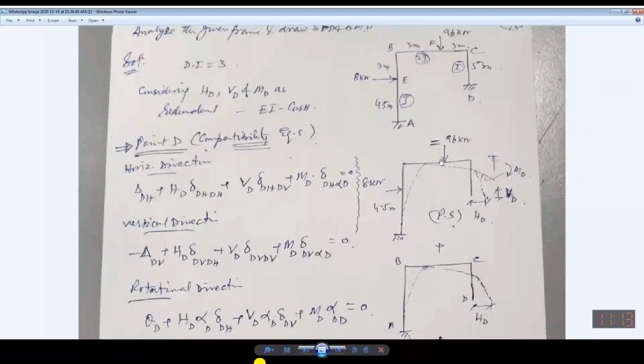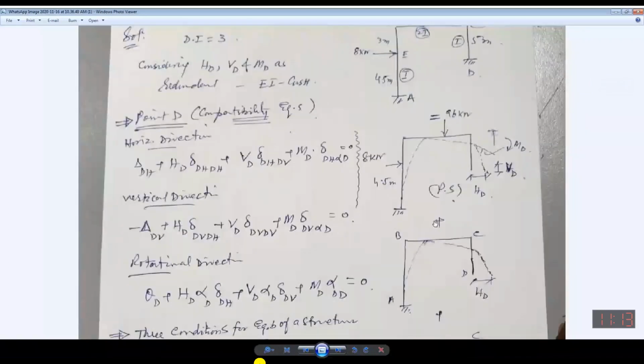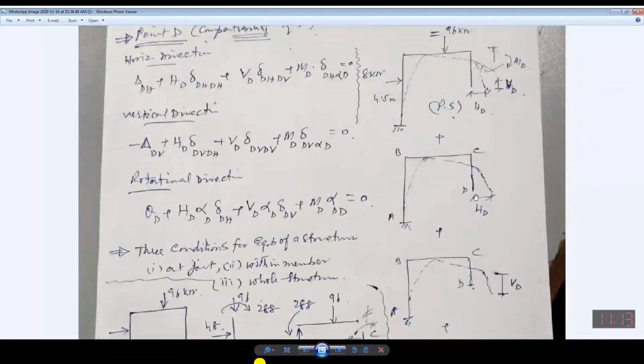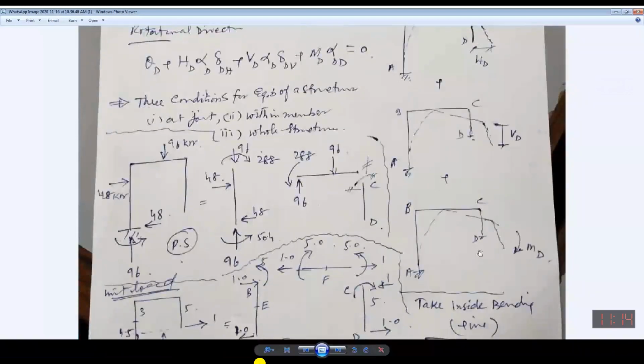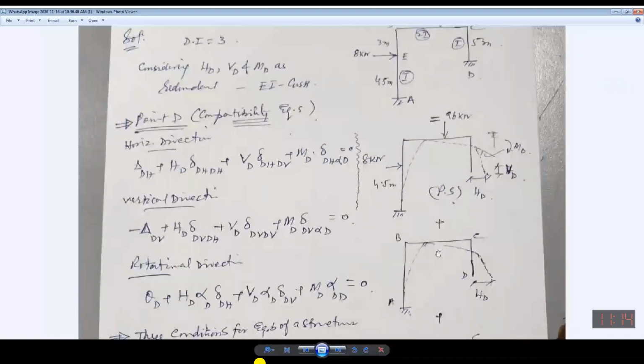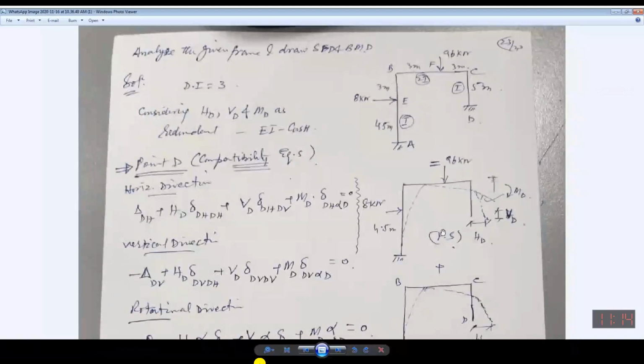This will be equal to this primary structure plus horizontal force in this direction, redundant, plus vertical force in this direction, plus moment at this location. So all these will result in the actual structure. Under the concept of the law of superposition, this can be broken into different structures.